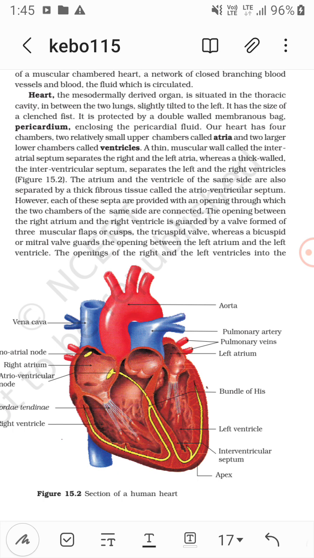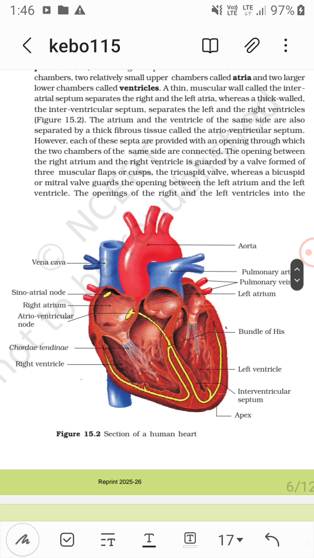This is on the pulmonary veins side. So mitral valve or bicuspid valve, and tricuspid valve.